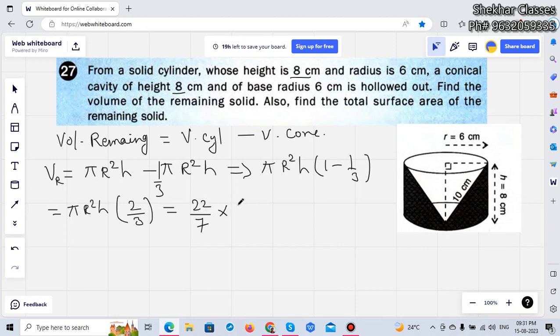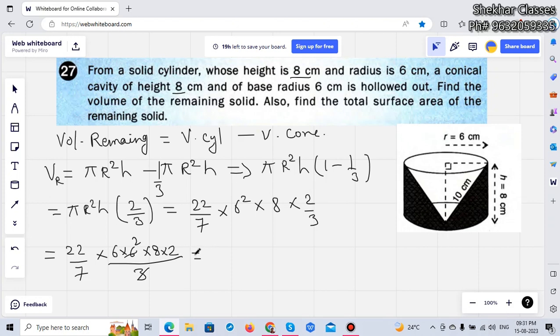If I further solve it, it will be 22/7 into R, which is 6 square, height is 8, and 2/3. So I can cancel here. So it's 22/7 into 6 into 6 into 8 into 2, the whole thing upon 3. The 3 cancels with one 6. Now the rest you have to multiply, there is nothing else we can cancel.